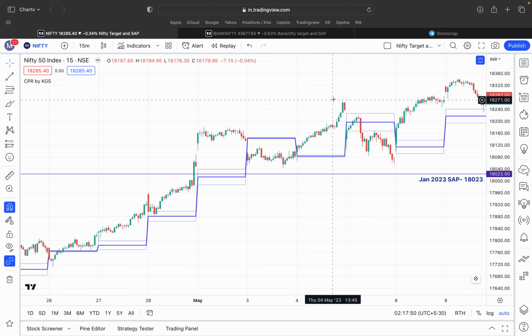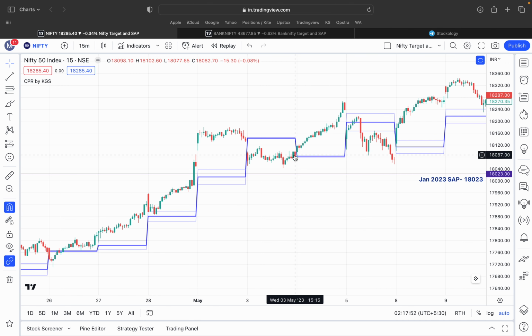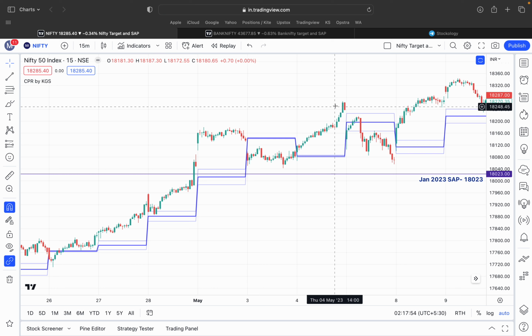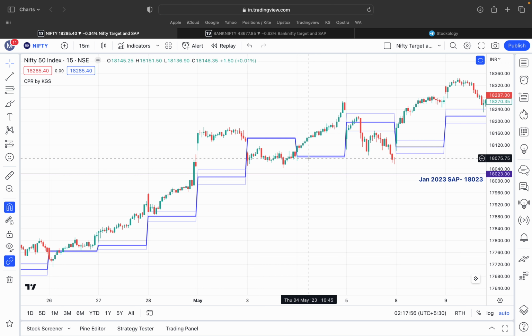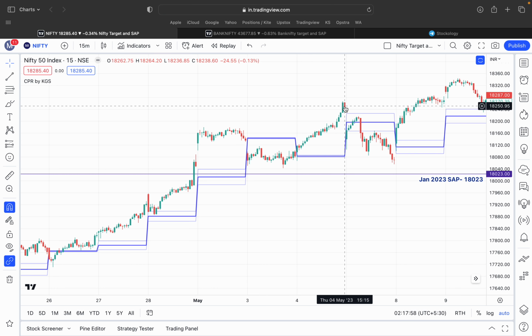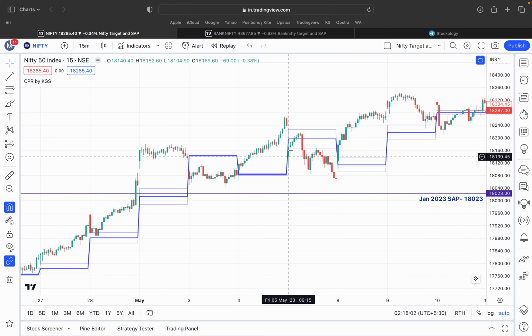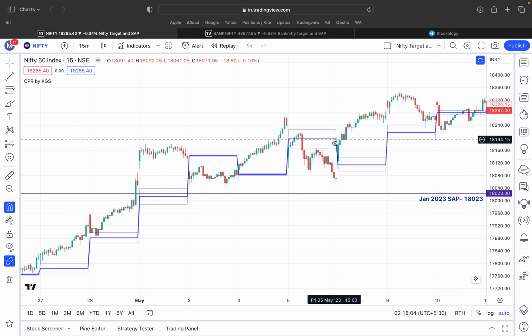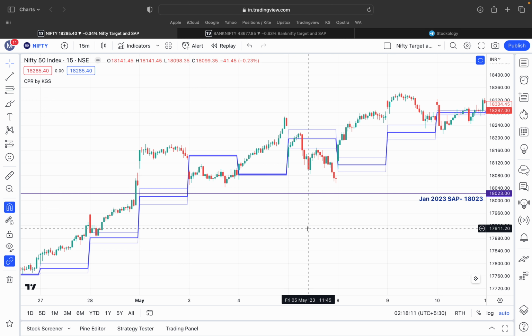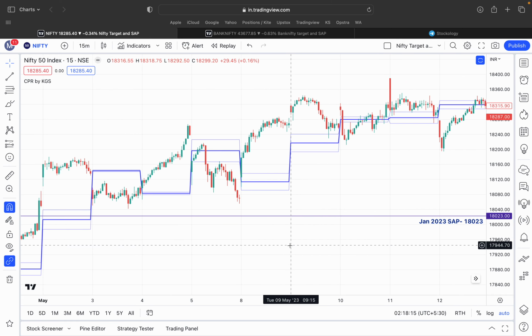But on the next day, you are seeing a narrow CPR and the price is above it and a big momentum. So narrow CPR means a big momentum is on the way or around the corner, and wide CPR means price is supposed to be sideways. Okay, so that is how you can predict the market direction for the rest of the day or coming days. Now these are two important aspects of the CPR.